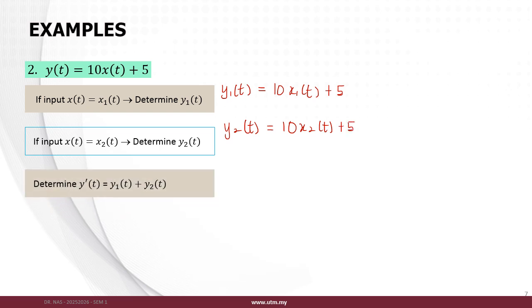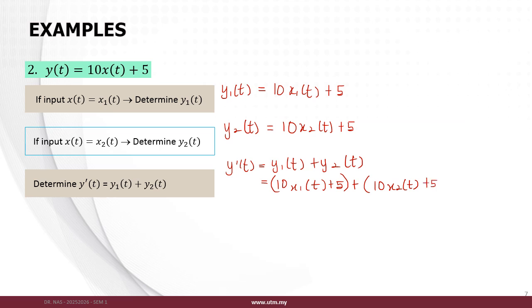The third step, determine y prime(t). You need to add both y1 and y2. So y prime(t) equals y1(t) plus y2(t). In this case, it is equal to 10 x1(t) plus 5, which is your y1(t), plus 10 x2(t) plus 5.